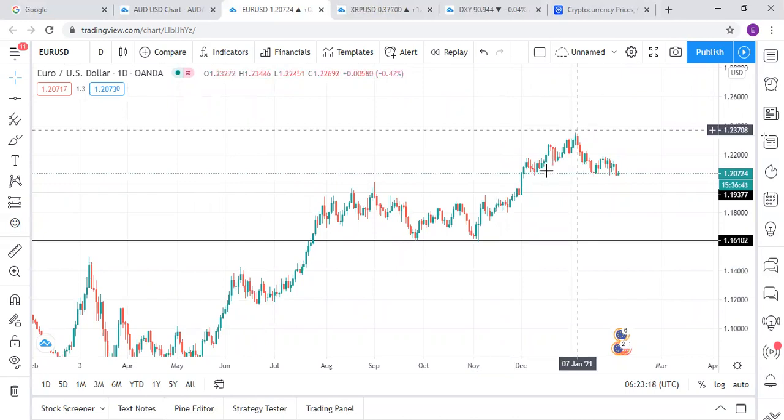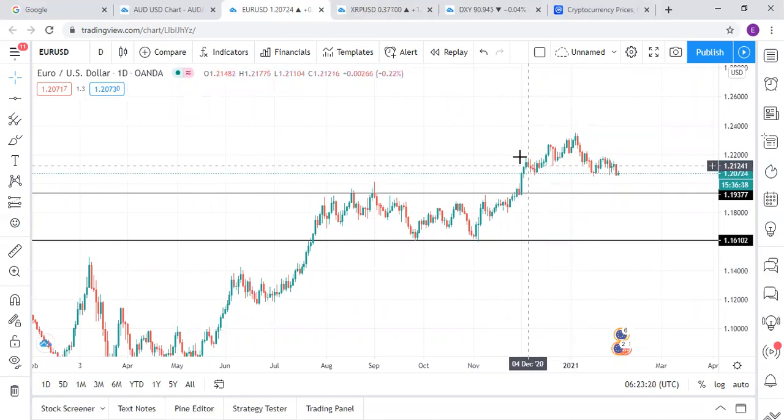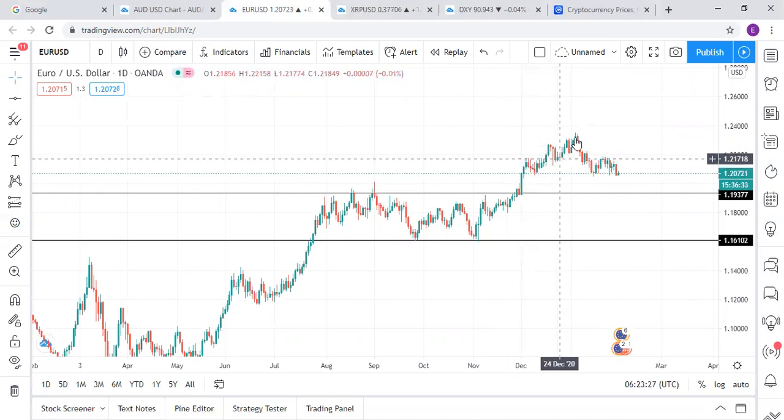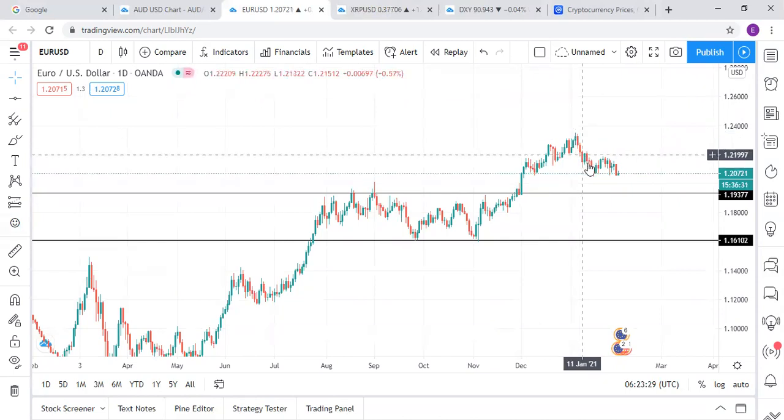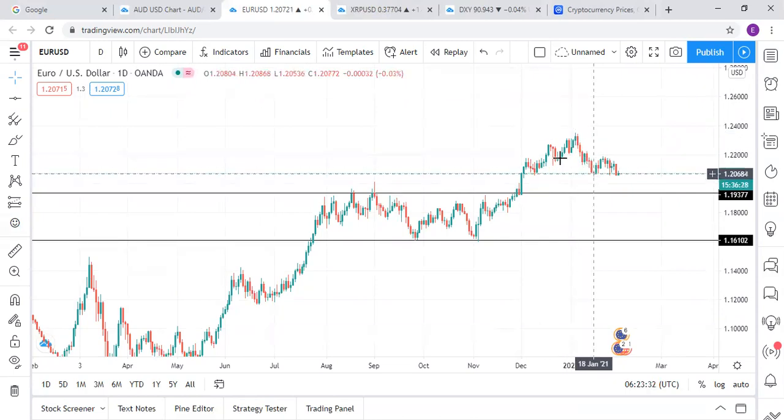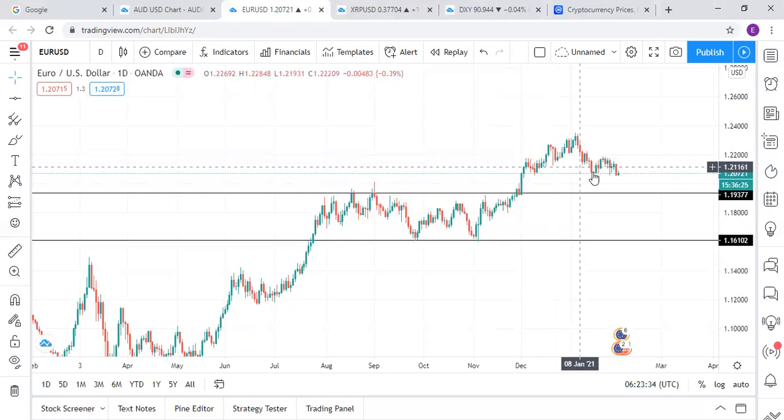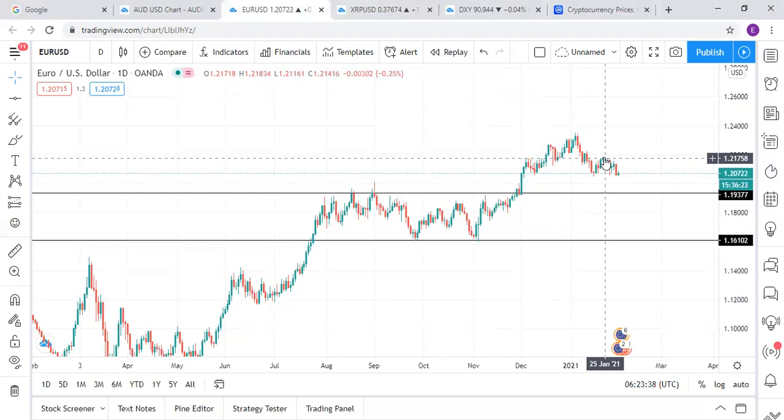Because if we look at this, we still see higher high, higher low, higher high, higher low. We have another higher high, but we now have a low lower than the previous low. So this is more or less a lower low. Then we have a lower high now.